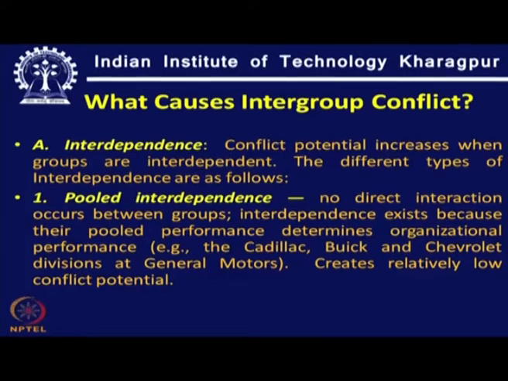The causes of intergroup conflict are quite elaborate. We will try to focus on some of the causes over here. The first cause is of course interdependence, and that is where the conflict arises.